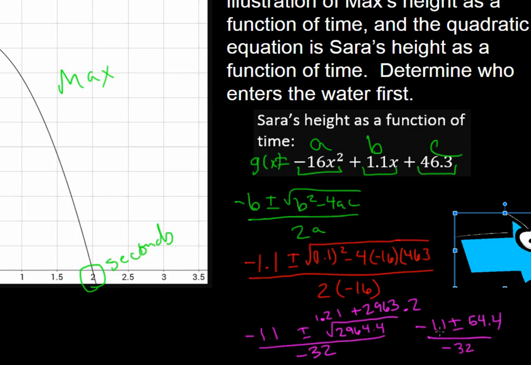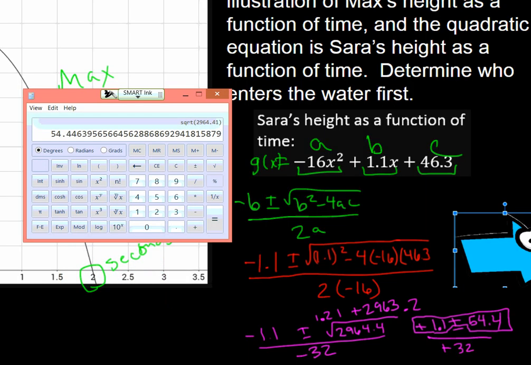So I'm actually just going to do the first part, because if I do a negative and a negative, actually we're going to change this to a positive and that to a positive. It doesn't really matter because of this plus or minus in between. The negative is going to cancel that negative out regardless. All right, so now I have 1.1 plus 54.4 over 32.